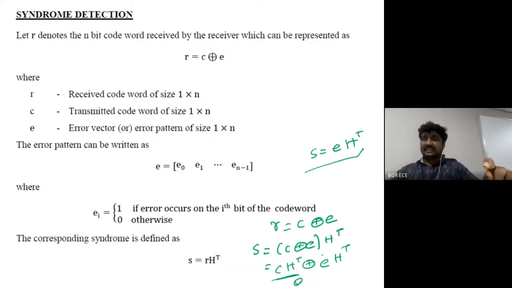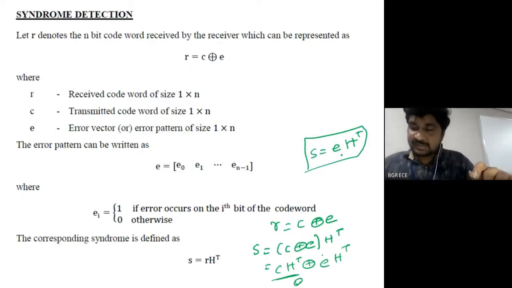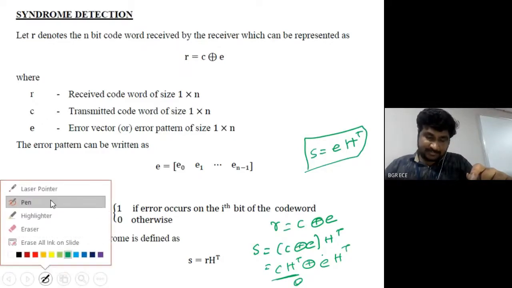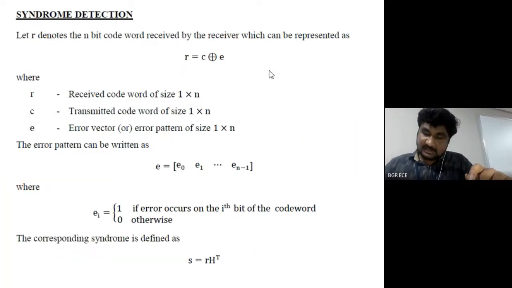By identifying the syndrome, we can identify where the error has happened. So how is this error pattern going to work? The syndrome will be simply represented by E into H transpose.